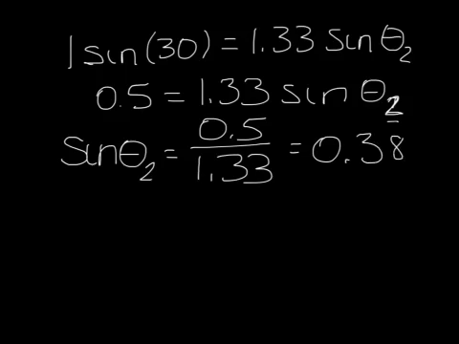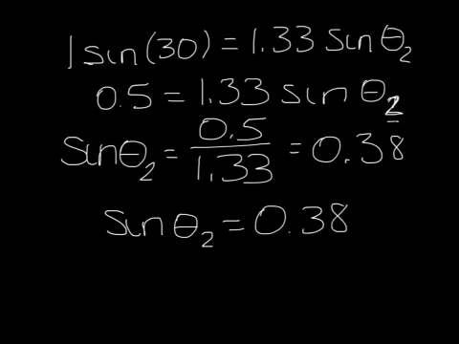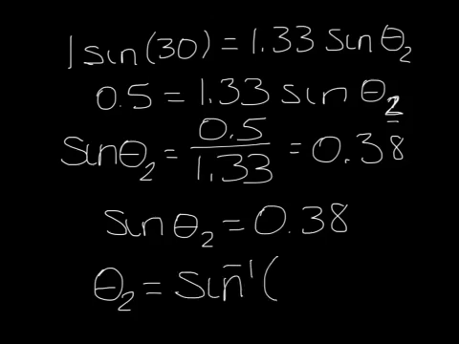So that means the sine of theta 2 is equal to 0.38. Now we want theta 2. To get rid of the sine, we have to take the inverse sine. So theta 2 is now equal to the inverse sine of 0.38.